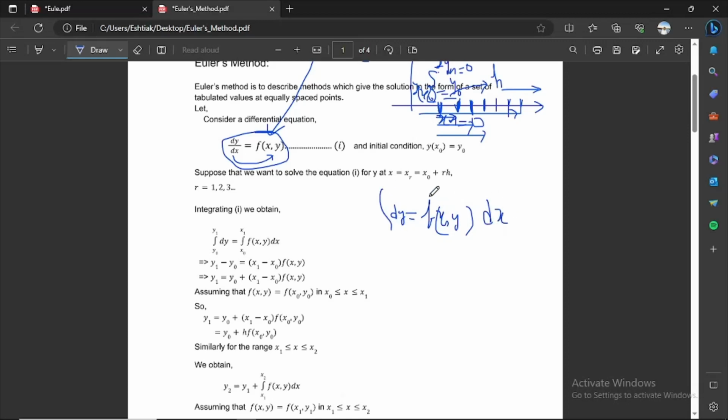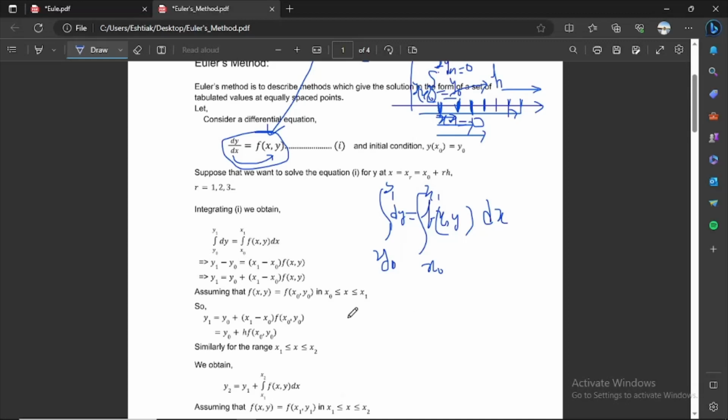If we integrate this equation, y will be integrated from y0 to y1, and dx will be integrated from x0 to x1.